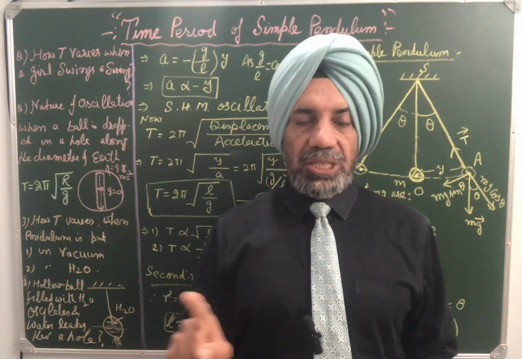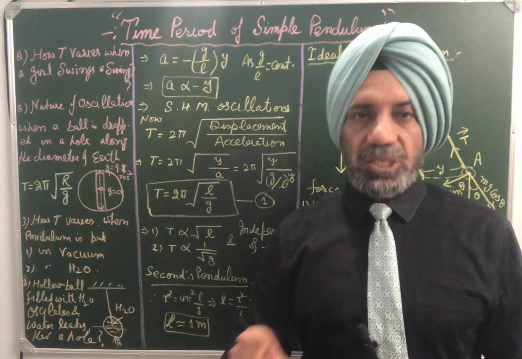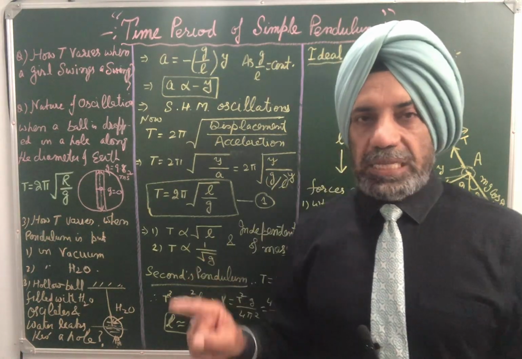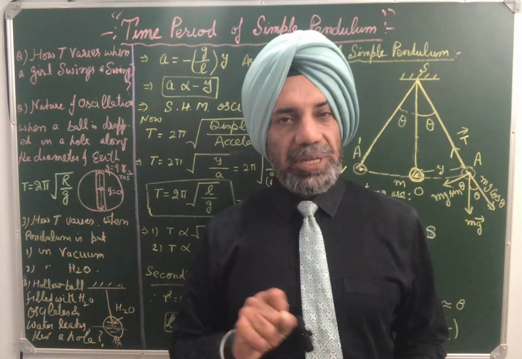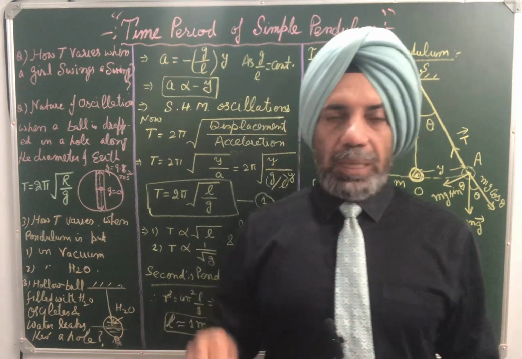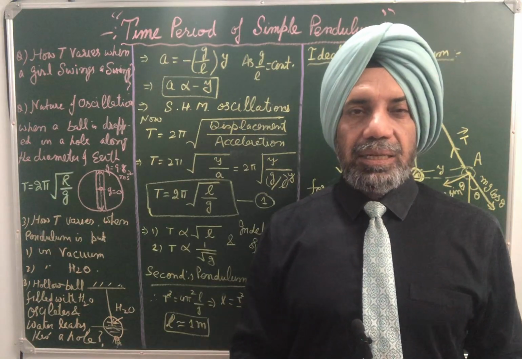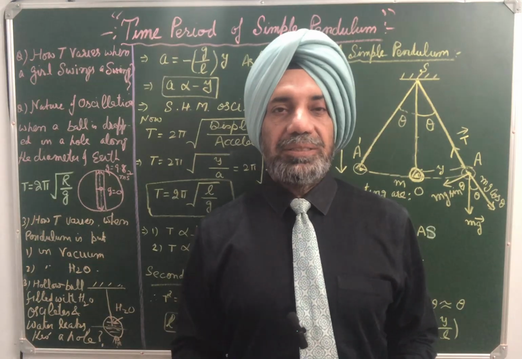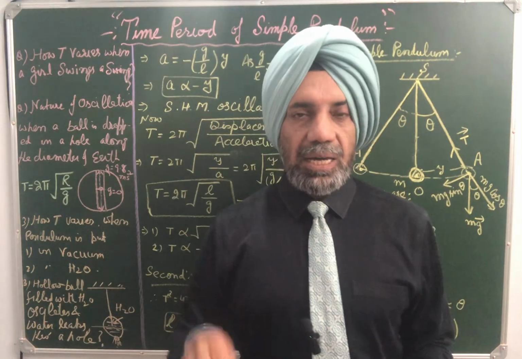it means both conditions for simple harmonic motion are satisfied, as g is directly proportional to the displacement from the mean position and directed toward the mean position. So the ball will start oscillating simple harmonically about the center of the earth, along the diameter of the earth.